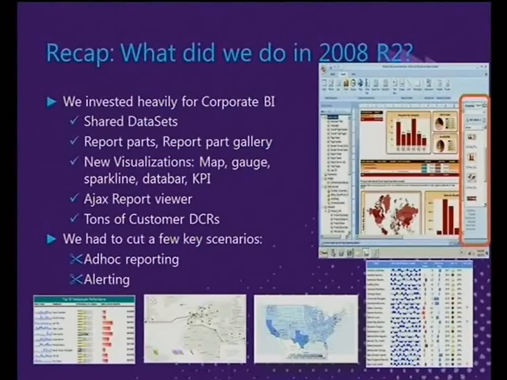So I really apologize, because I know we're not in the US, but we were not allowed to ship non-US maps in the box. But the good thing is you can grab your maps and you can put them on the report server, and it can be a shared resource that everybody can point to. So get your maps, and you can get them from Esri. There's a whole bunch of places where you can actually download free maps and use them. So go do that. So we added map, we added gauges and spark lines and data bars and KPIs.